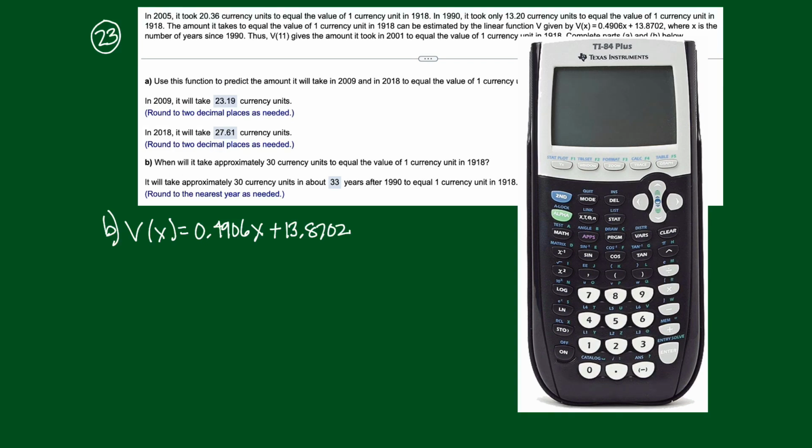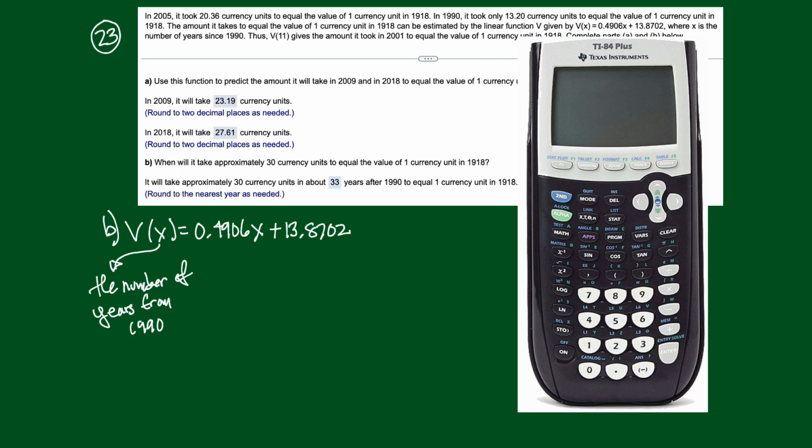Now keep in mind what x is. By the definition up on the top, this is the number of years from 1990. So if I put in 0 for x, I'm 0 years from 1990, so I'd be at 1990. If I put in a 1, I'm 1 year from 1990, 1991, and so on.